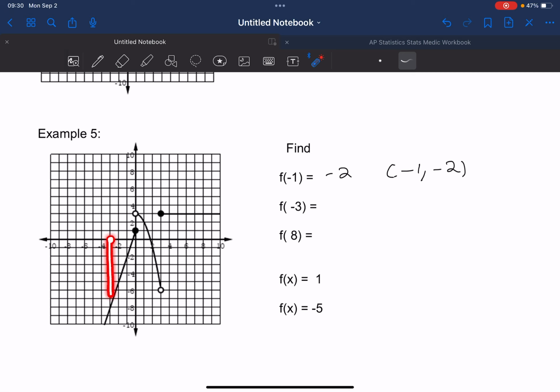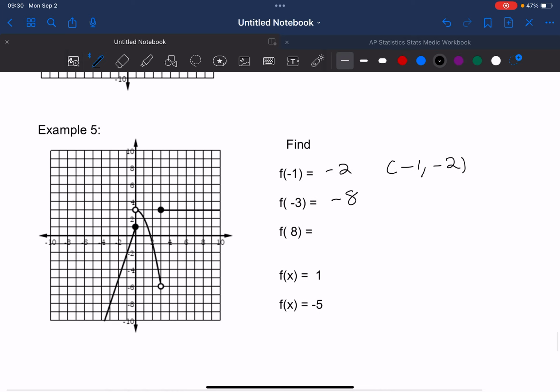I can only go down and I hit my graph at a solid line at -8. So I have -8, which is -3, comma -8. And then 8 on the x's is right here. I can only meet it in one direction, that is up on a solid line when y is equal to 3. So I have 3, or in other words, 8, comma 3.